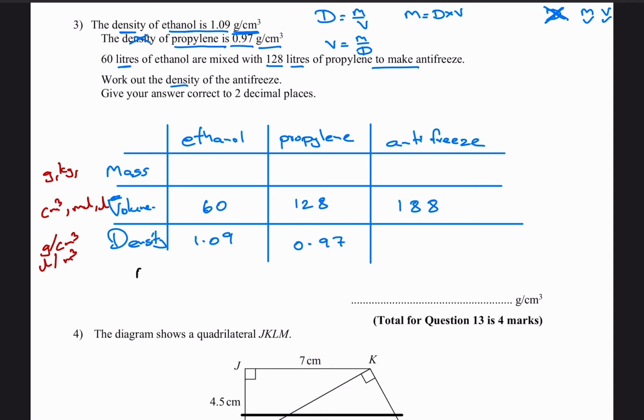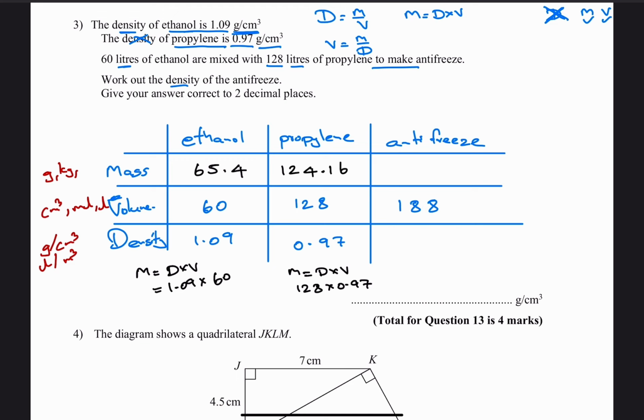I need the mass. Mass formula is mass is density times volume. So that's 1.09 times the volume 60, which gives you 65.4. Then same thing again: mass is density times volume, which is 128 times 0.97, which gives you 124.16.